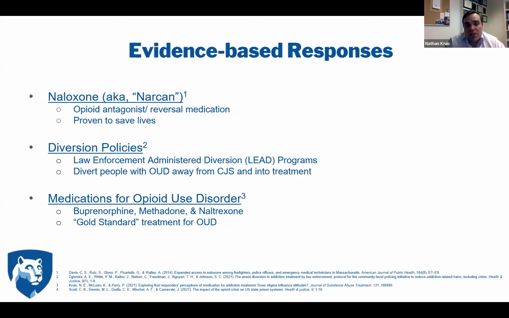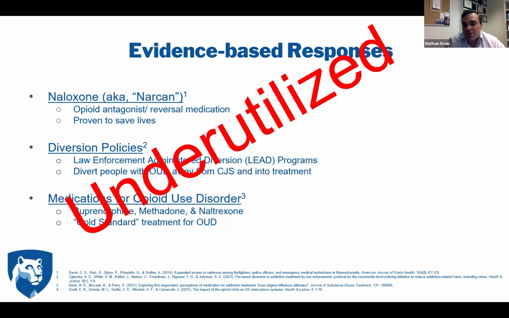And then we've also seen the use of medications for opioid use disorder be expanded in certain areas, such as buprenorphine, methadone, and naltrexone. However, these evidence-based responses have really been underutilized on a national scale.